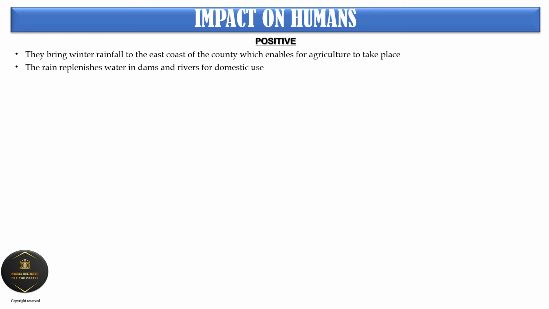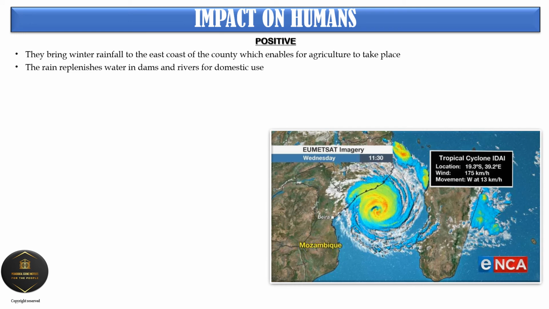So what we usually make reference to is that this system, remember, occurs in late summer. So as a positive impact we will just say that these storms will bring rainfall in the late parts of summer in the east coast of the country, and may enable agriculture to take place in the long term.